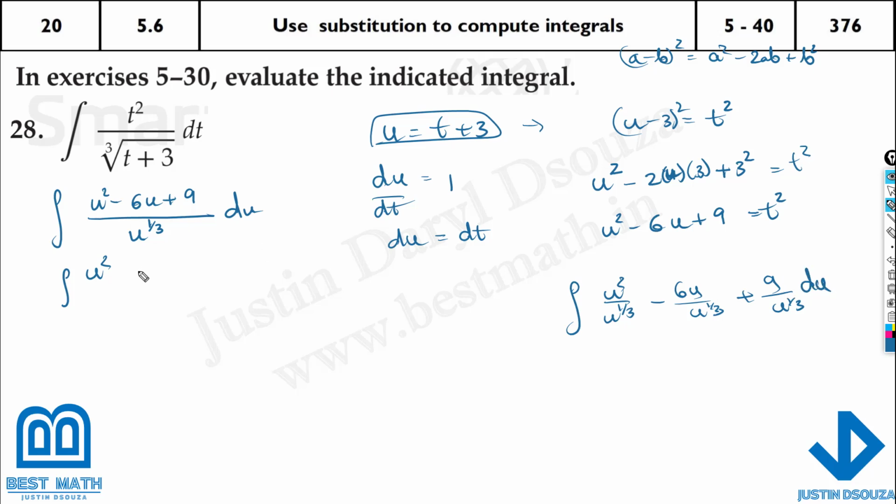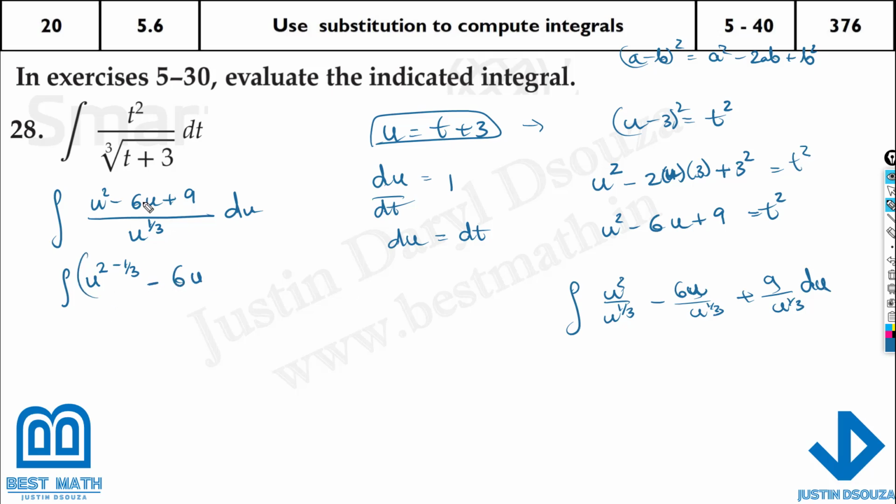This is one step, but I'm going to directly write what will happen here. I'm just going to write an easier way. This is one way possible. Okay, you can write it like that, no problem. Another way is, since u and u is there, all you write is u power 2 minus 1/3. Let me just write it once because there are three terms.